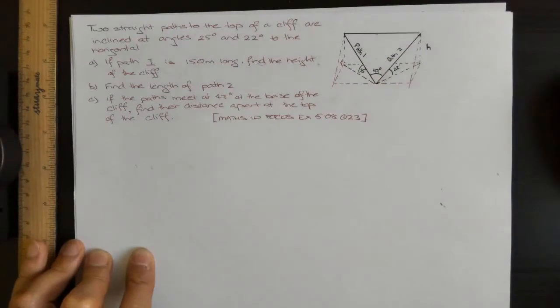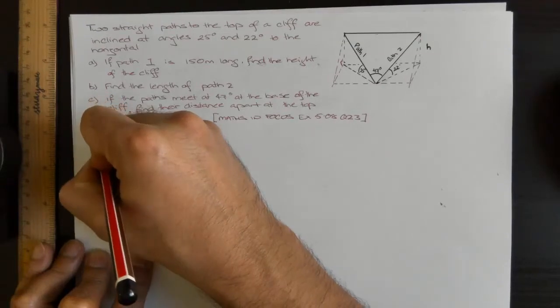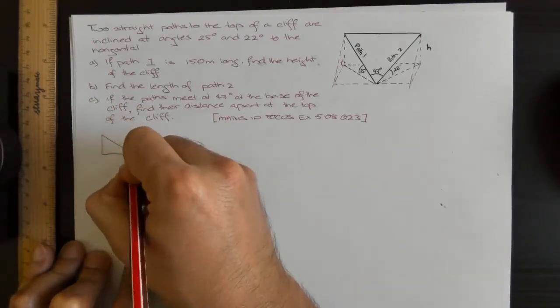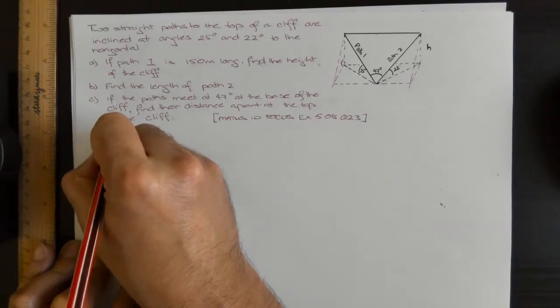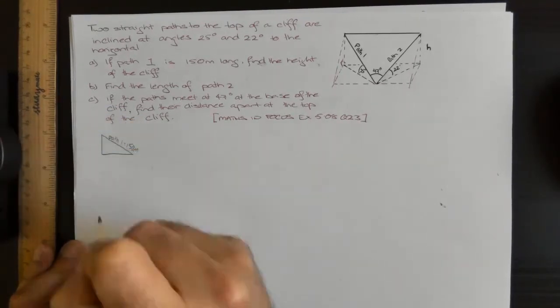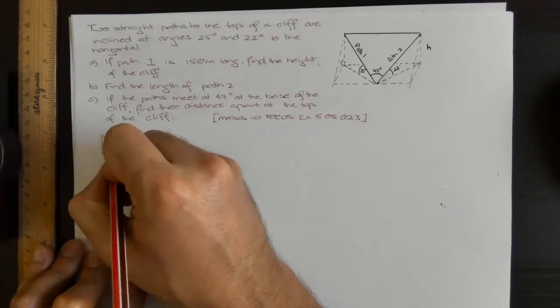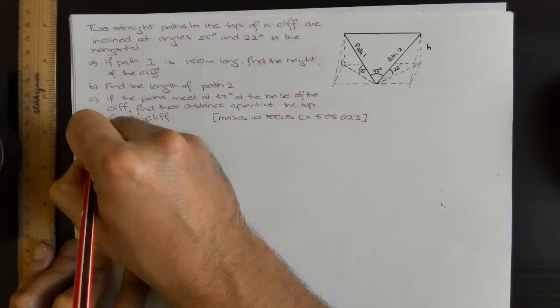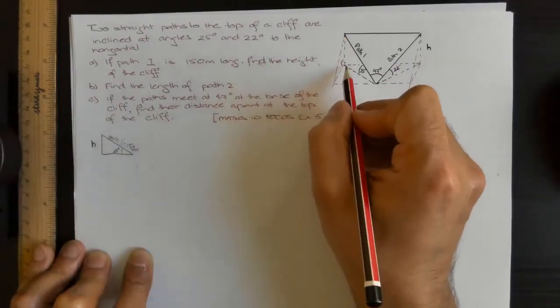Basically what we have then is a triangle that looks like this, where this is path 1, and that's 150 meters. We have 25 degrees there, and we want to find the height of the cliff.